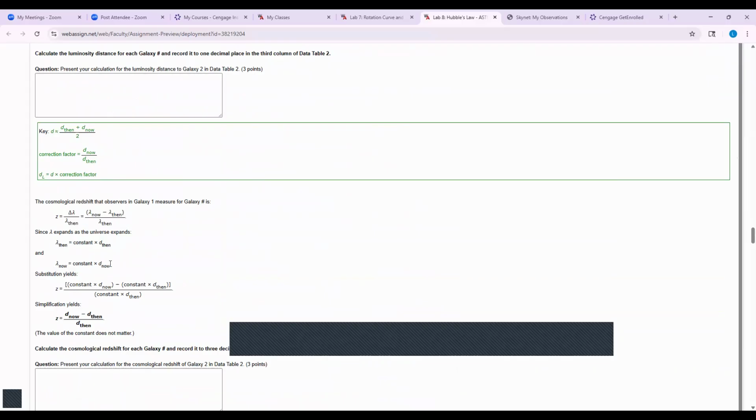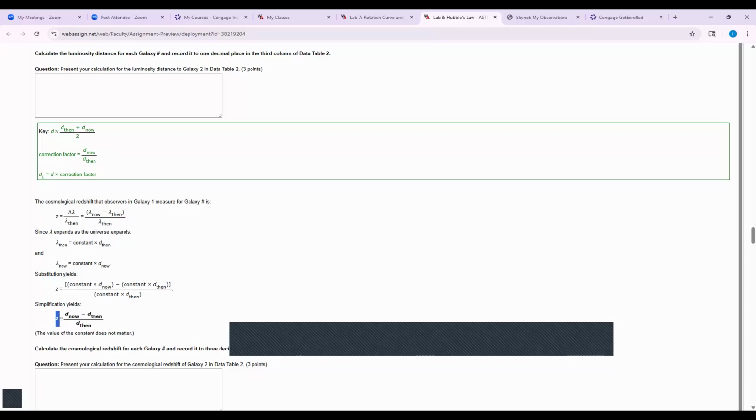Therefore, this is the basis of this consideration. Then in this equation, instead of lambda now, we put the constant times d now. And instead of lambda then, we put the constant times d then. And instead of lambda then, also the same thing. And then we cancel out the constant from the numerator and denominator, and with the simplification, it comes out like this.